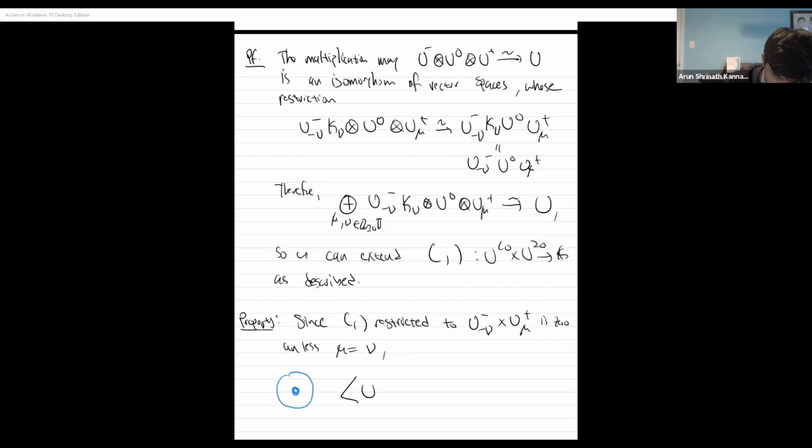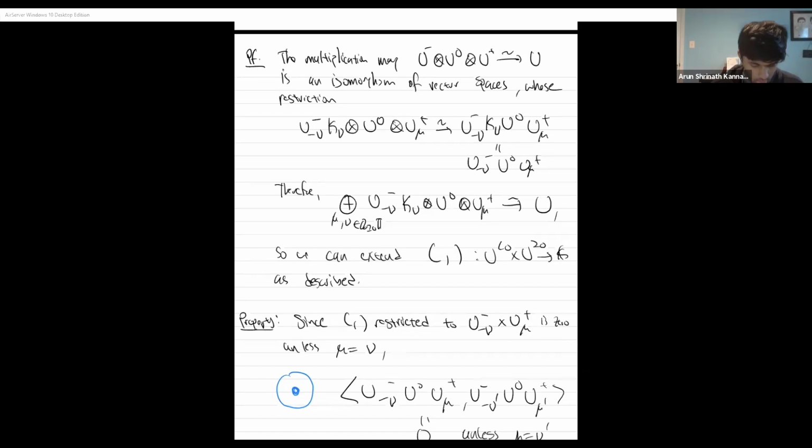The pairing on u minus nu minus u0, u mu plus u minus prime equals 0 unless the insides match and the outsides match. So mu is equal to nu prime and mu prime is equal to nu.